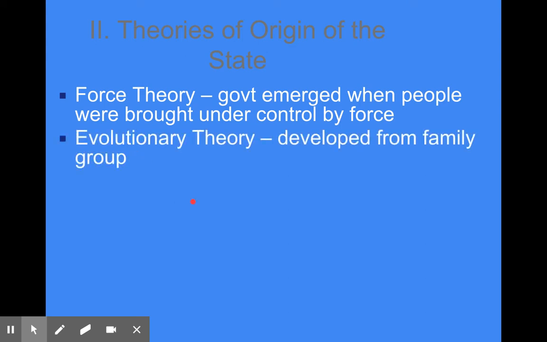Okay, there's something called evolutionary theory. That states developed from some sort of family group. They evolved. Think about Europe and castles and dukes and lords.